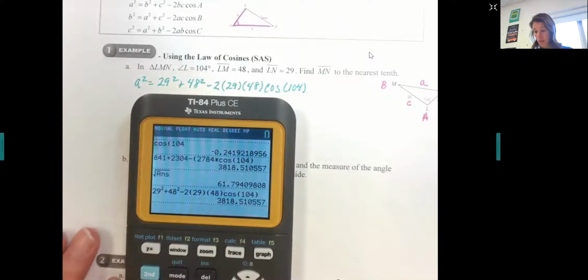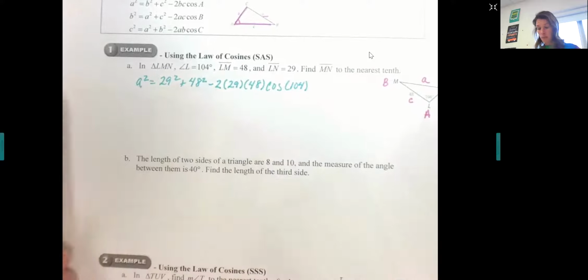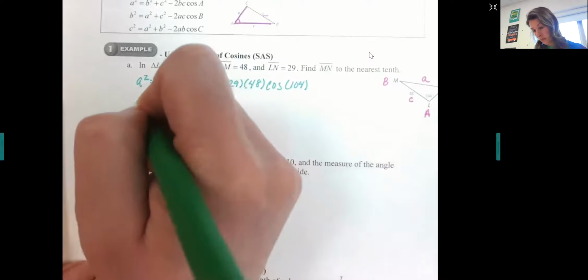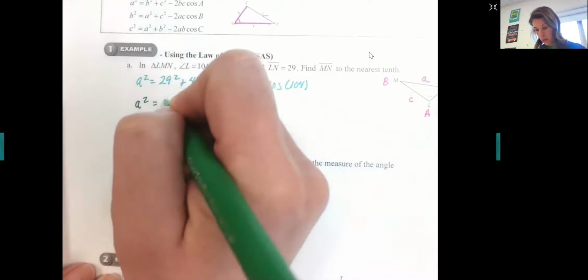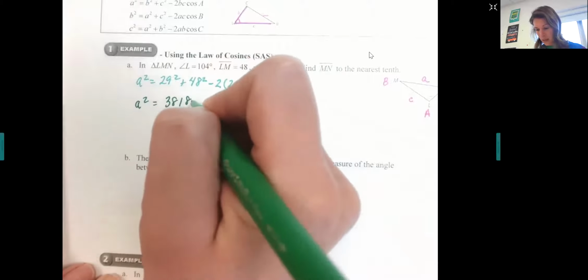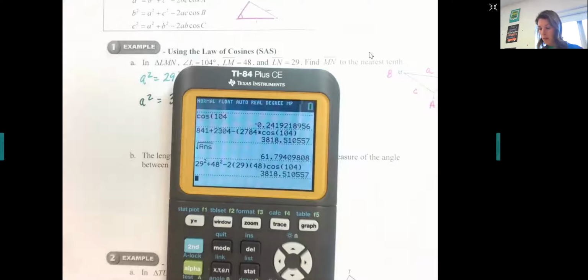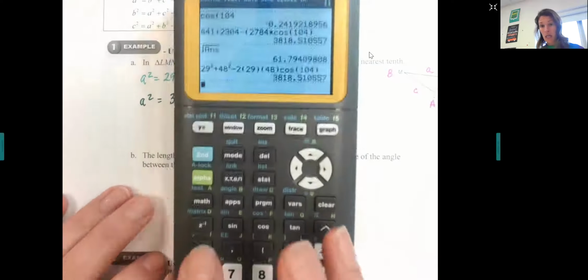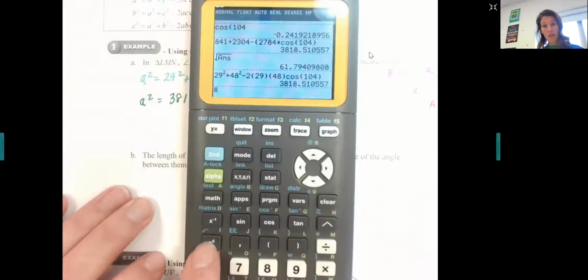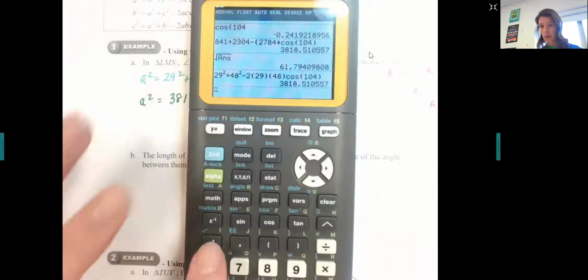It's going to give me a number. That is what a squared is equal to. A squared is equal to 3818.5. And then we're going to take the square root of that. Remember that the square root is above our x squared. Notice it's in blue, so you push second blue.